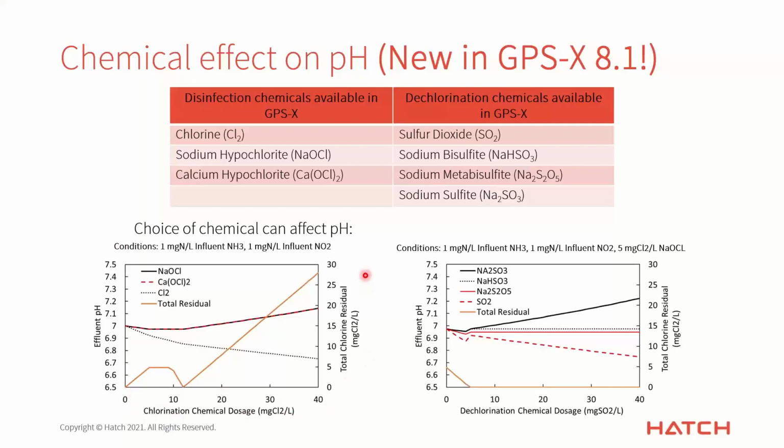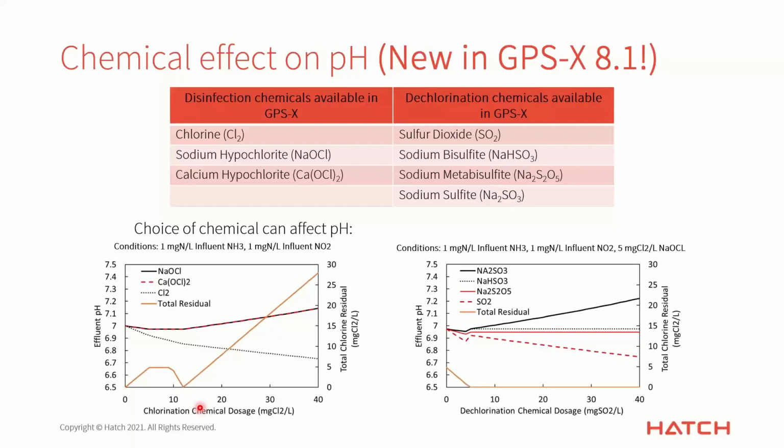And then on the secondary y-axis here, we have the total chlorine residual. So the series on this graph, the NaOCl, the CaOCl2, and the Cl2 series all represent the pH that happens when that certain amount of chlorine is dosed. And then this orange series just shows the residual, so how much chlorine has been dosed, or the extent of the breakpoint chlorination reactions. You can see that this does resemble the breakpoint chlorination curve.